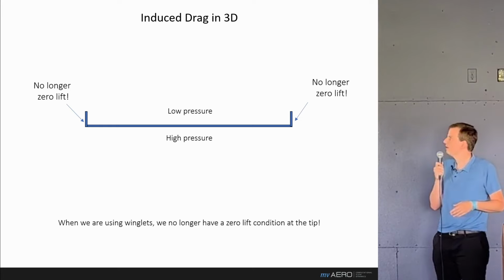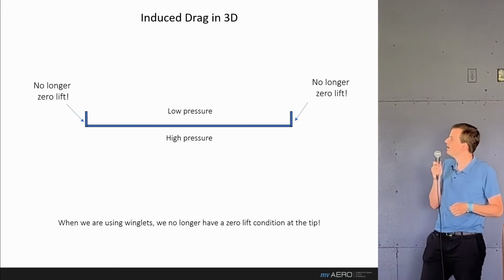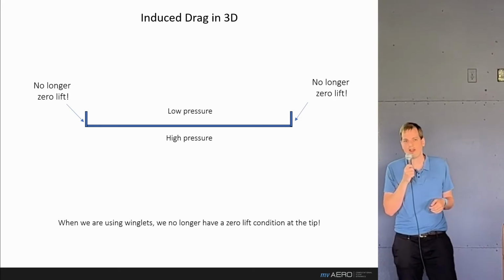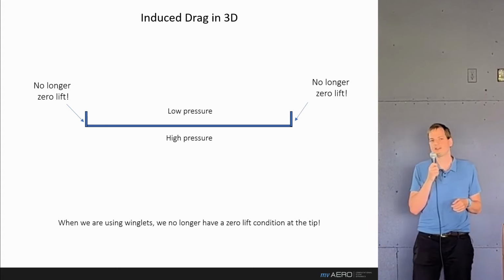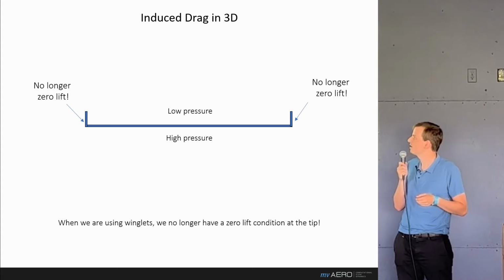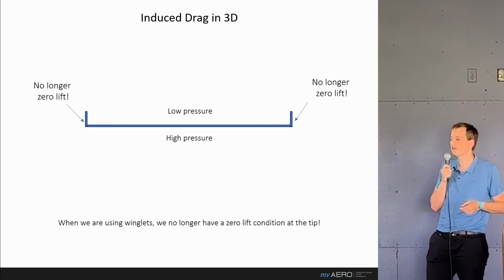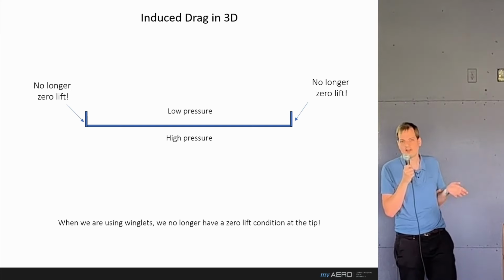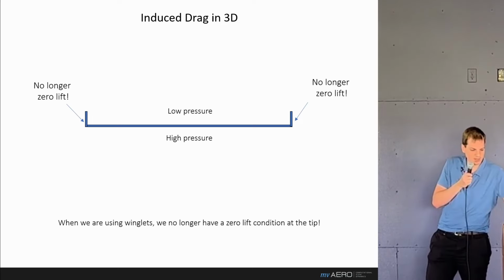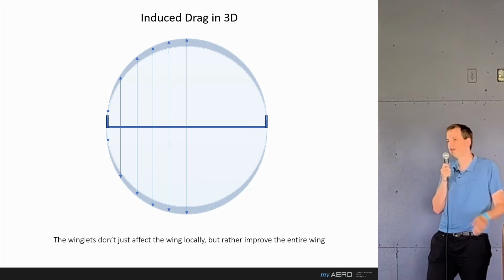Now, what is this winglet doing fundamentally? If we again look at the front view of a wing, the winglet is basically trying to prevent that no lift condition, that zero lift condition at the tip by not allowing the pressure to release immediately. Now, that doesn't just have an effect locally.